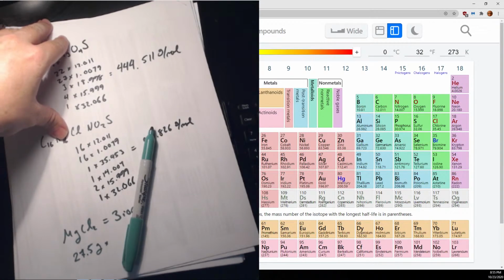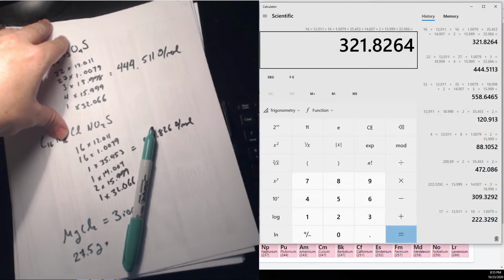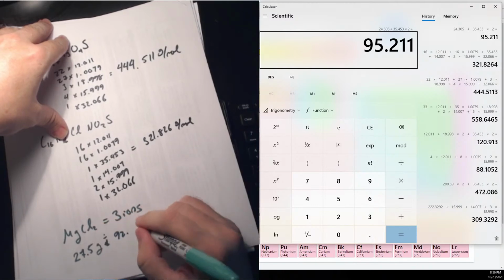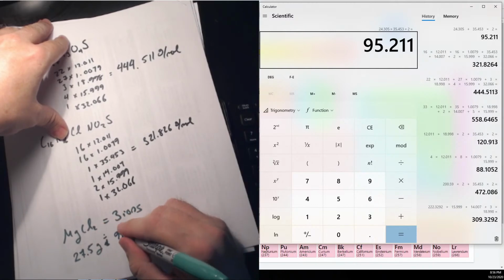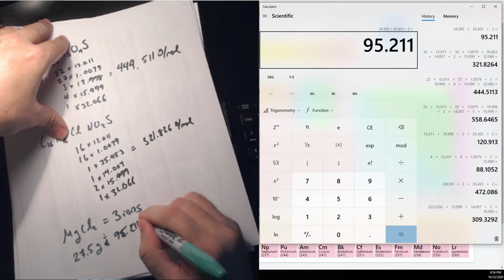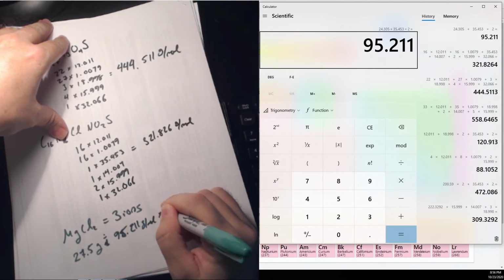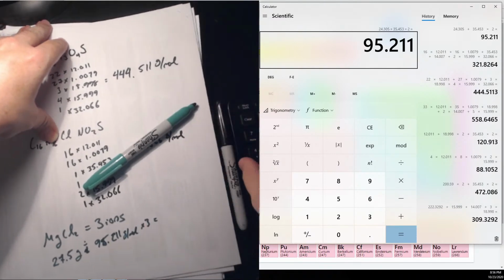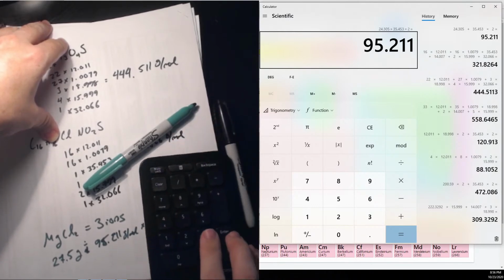Magnesium, 24.305. 95.211 grams per mole, times 3. All right, so we convert to moles by dividing by the molar mass, and then we multiply it by 3 because there are 3 ions for every unit of magnesium chloride.